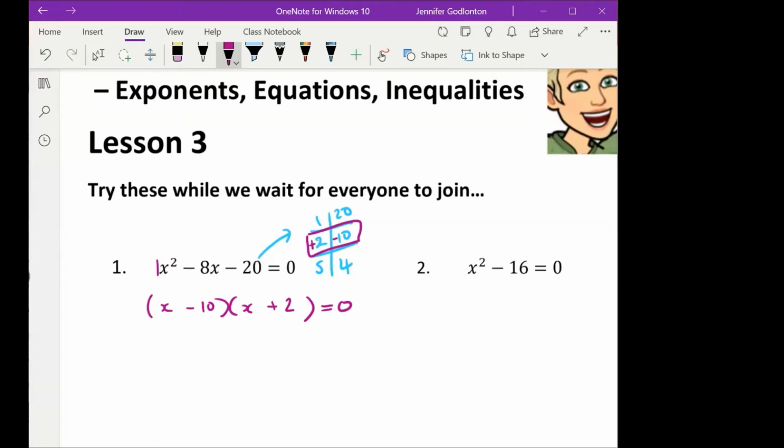Then the answers that came in were that x is -10 and x is 2. But remember, this whole bracket is equal to 0. So we now need to say x minus 10 is equal to 0, or x plus 2 is equal to 0. So x is either equal to 10 or x is equal to -2.